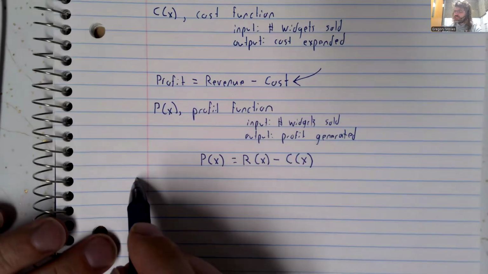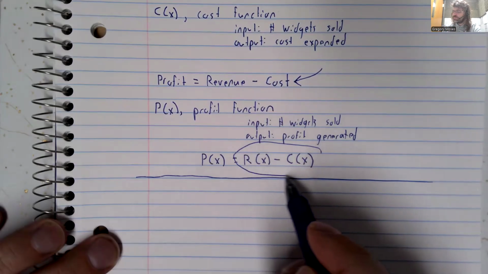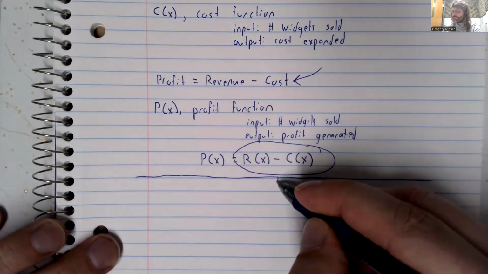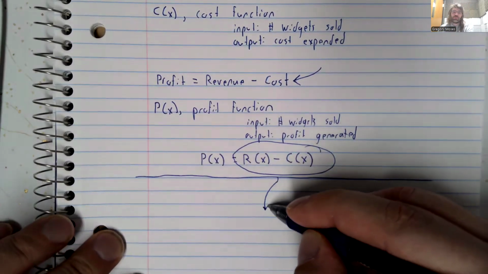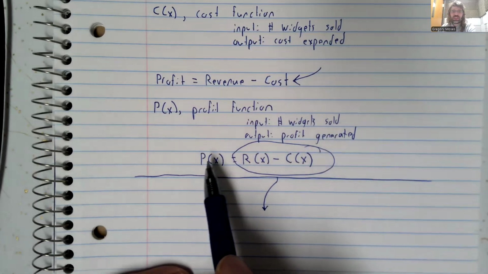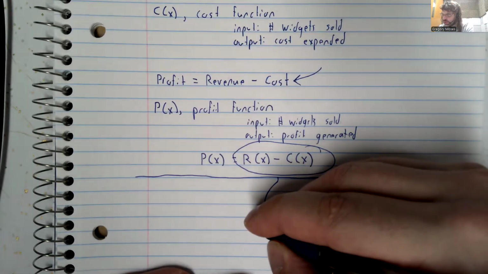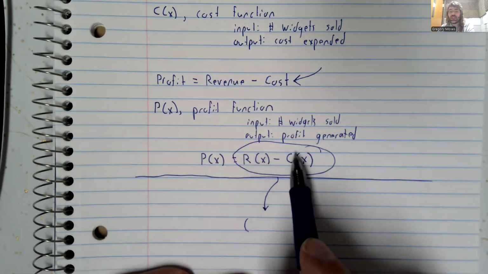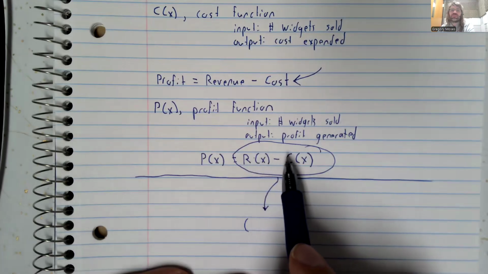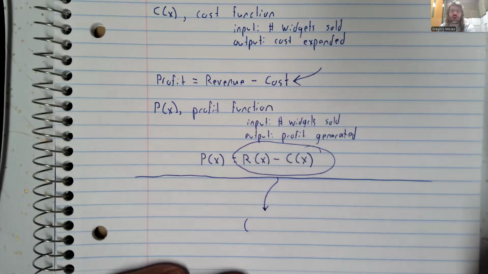So notationally, if we have two functions being subtracted from each other, here we're giving this a new name. We're calling it P of X. But we can just name, this function minus this function defines a new function. And if we want to, it's very standard to just name this new function.